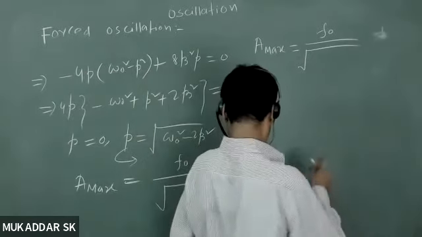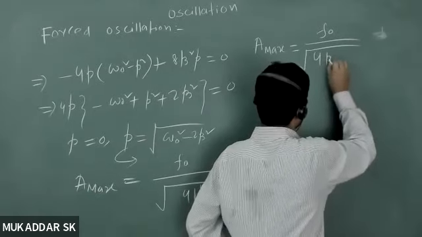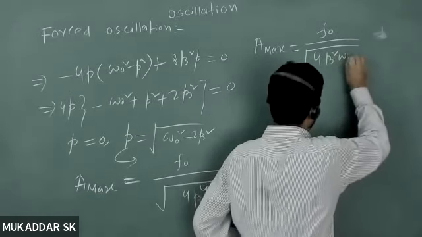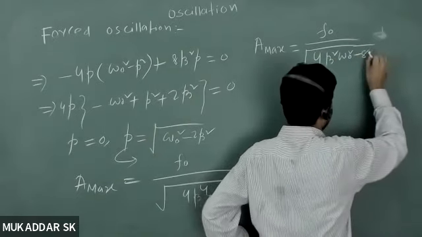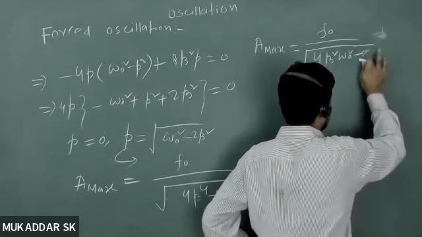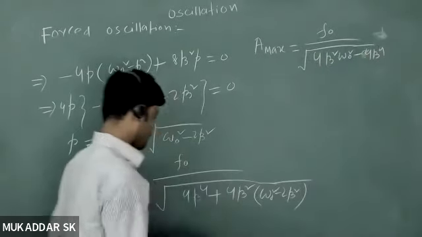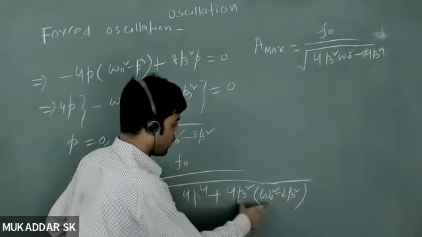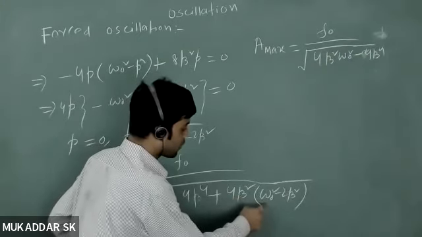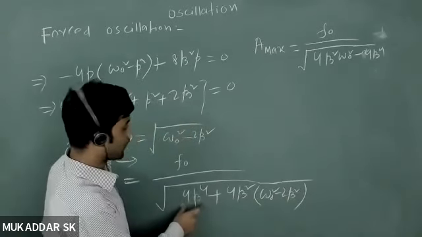So it means you will have 4 beta square omega naught square minus 4 beta to the power 4. If you separate this term, how much will you get? 4 beta square omega naught square minus 8 beta to the power 4, and you have 4 beta to the power 4 here.